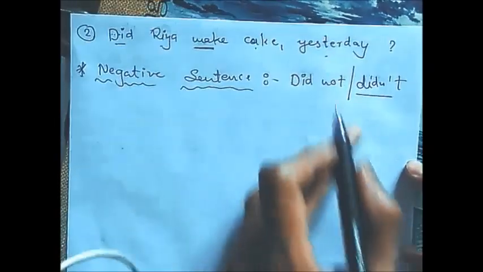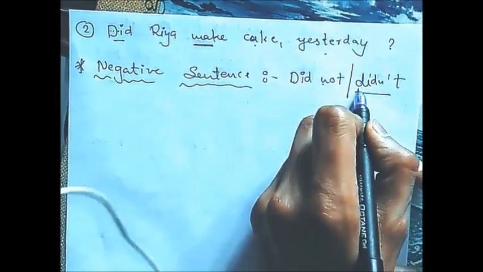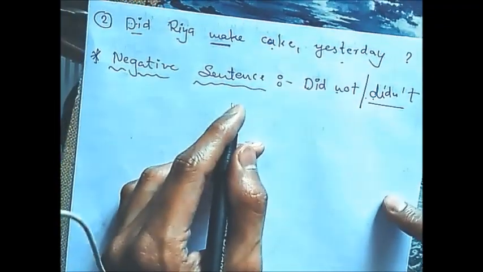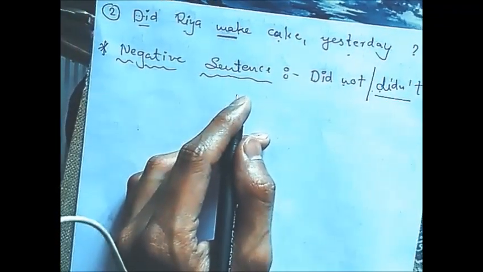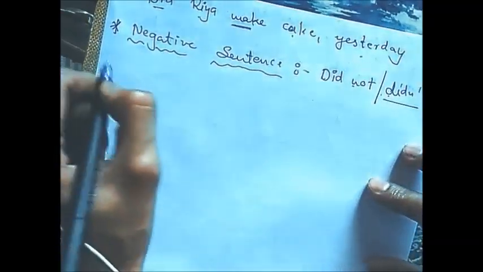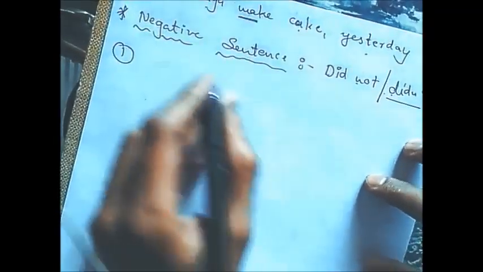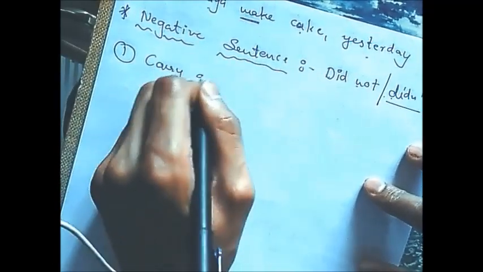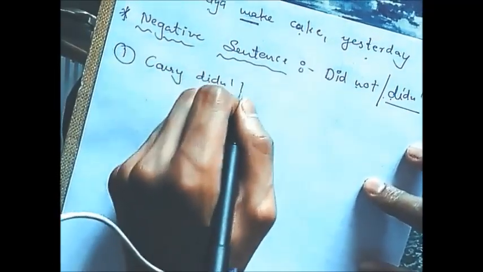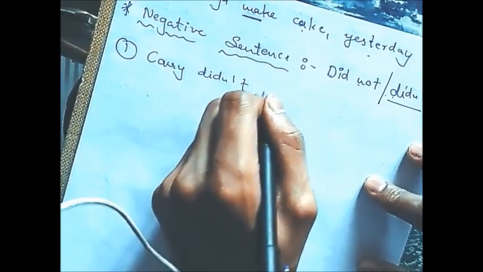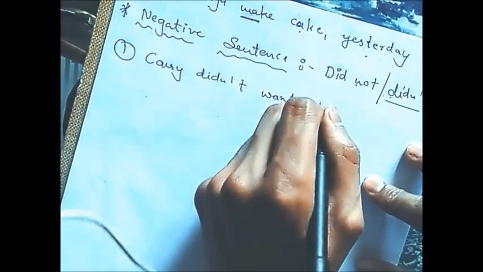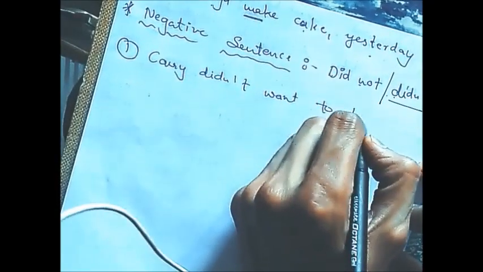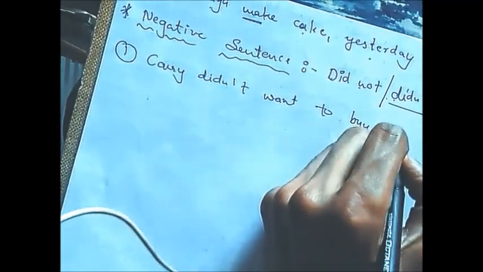Okay, so these are the pronunciations: did not, didn't. Okay, now let us make some examples. Number 1, Carrie did not want to buy mangoes.